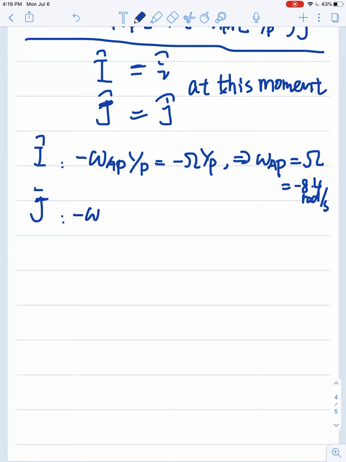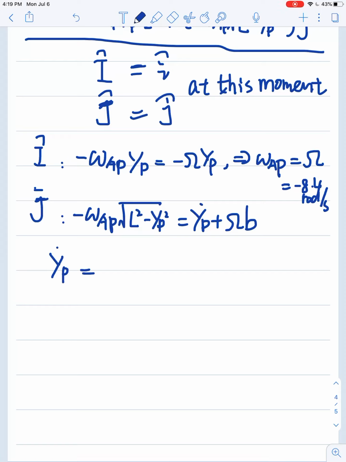Let's look at the J component. We have negative omega AP square root of L squared minus YP squared equals YP dot plus omega b. From here, this YP dot is our unknown. We can find an expression for YP dot: YP dot equals negative omega AP times square root of L squared minus YP squared minus omega small b.